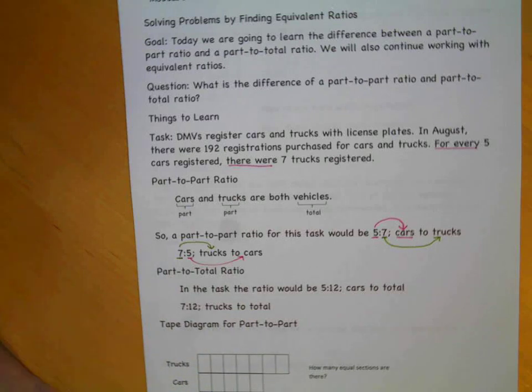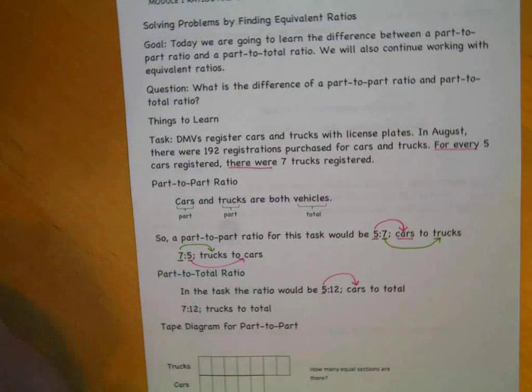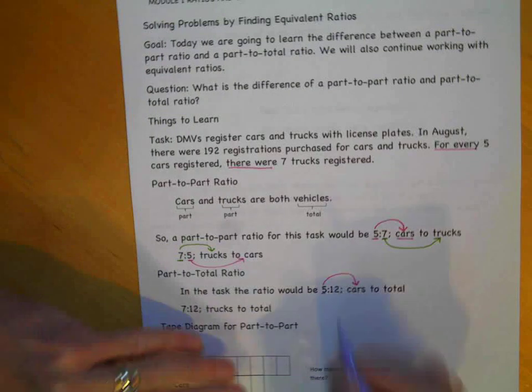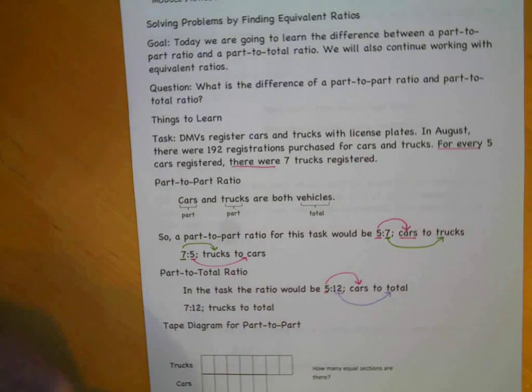So the part-to-part ratio for this task would be 5 to 7 cars to trucks, or 7 to 5 trucks to cars. Okay, part-to-total ratio in this task, the ratio would be 5 to 12, again using 5, and 5 is representing cars, whereas 12 is representing the total, okay?